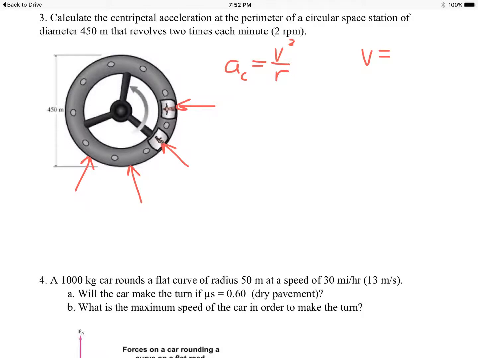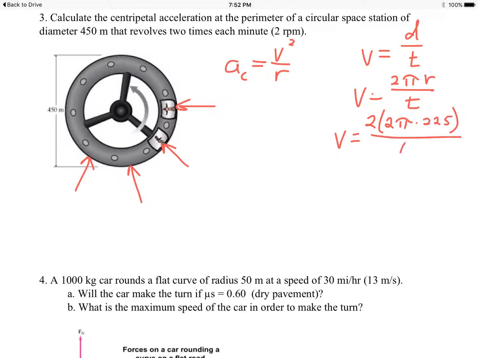I'm going to do, well, distance over time again, like I did in the last problem with the moon. That would be 2 pi r over t. However, the adjustment in this case, I'm going to pick 60 seconds as my time frame, so that'll be 2 revolutions. 2 times 2 pi times the radius of this station, which is 225 meters, half the diameter, over 60 seconds.